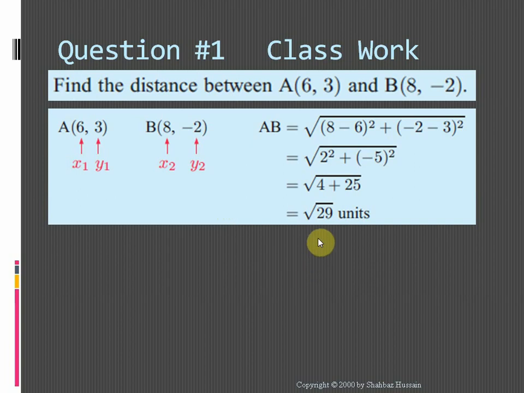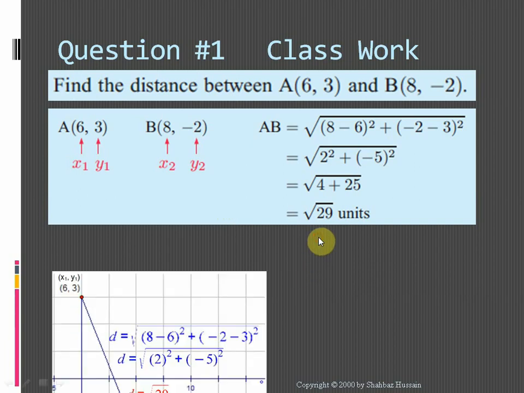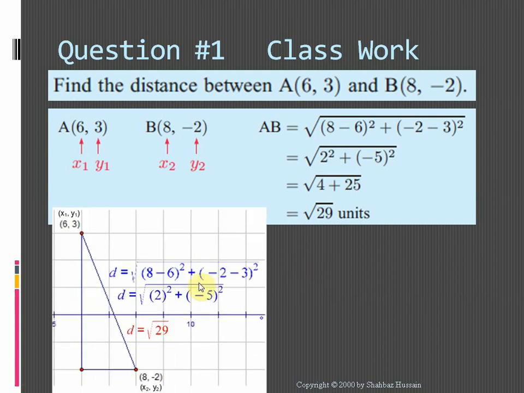If the question is given in a graph, you can also calculate by plotting these 2 points, mentioning the coordinates of these 2 points, labeling them x1, y1 and x2, y2, and applying the formula to calculate the distance between them. It is not necessary that the question will be in a statement or in a graphical representation.